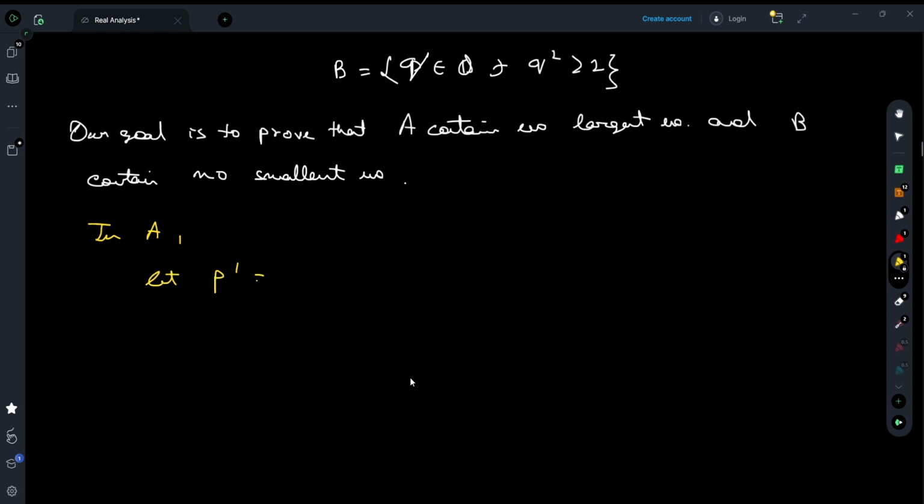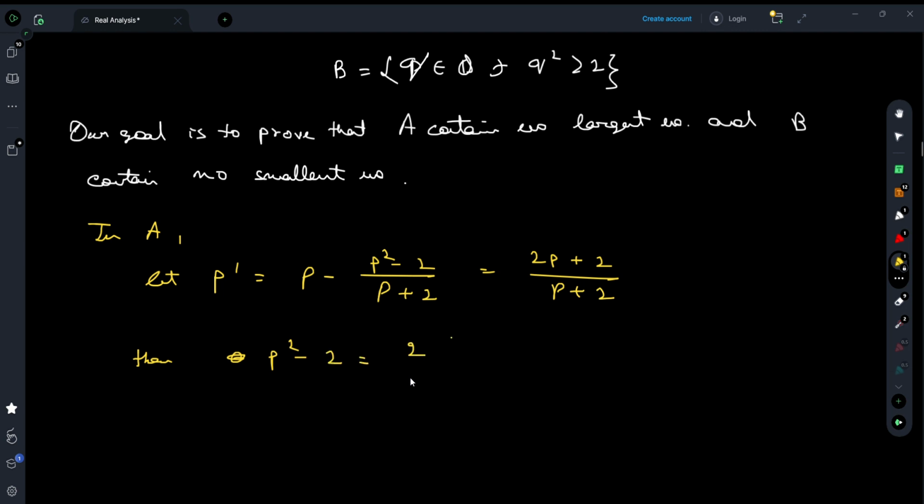Okay, so in A, let p dash be the number p minus (p square minus 2) by (p plus 2), which is actually the number (2p plus 2) by (p plus 2).